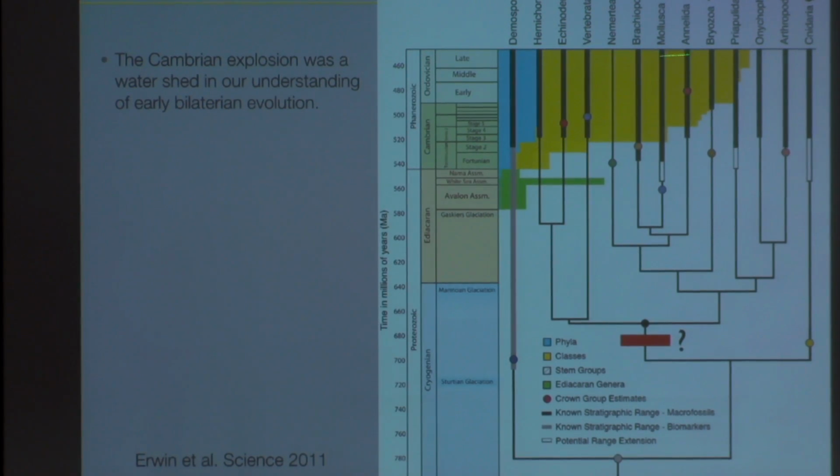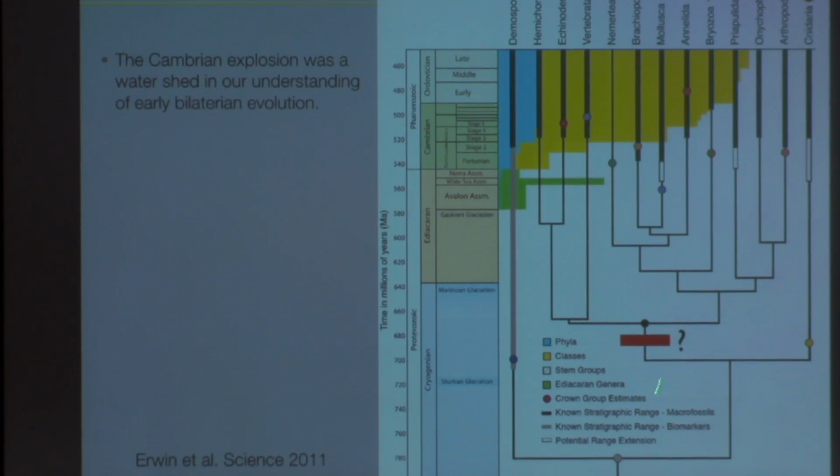However, if you look at these lines here, these are actually molecular clock predictions about when the animal phyla diverged. And so if you look down here, this is the projected time period where there was divergence and the origin of bilaterians. So this sort of mythical animal that people are interested in working out that formed all of the bilaterians, some people predict appeared around about 700 million years ago.